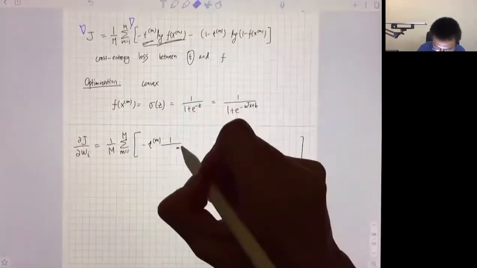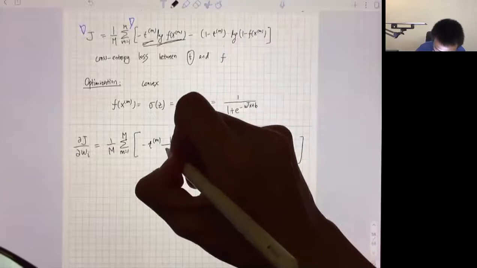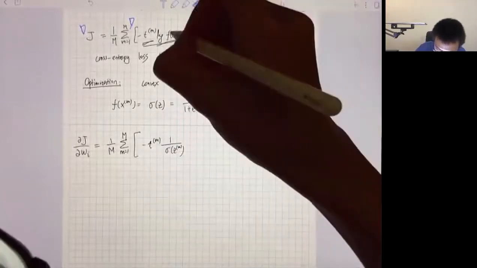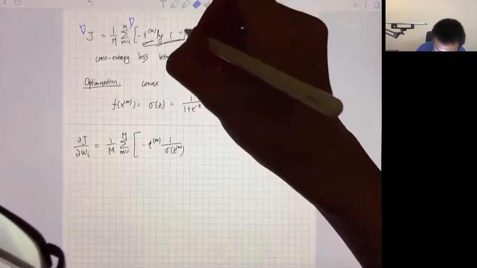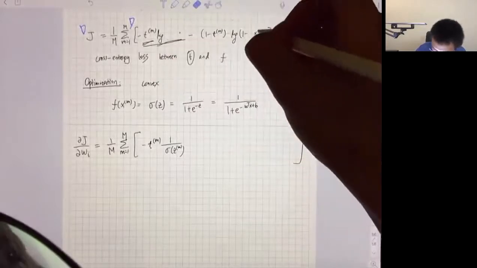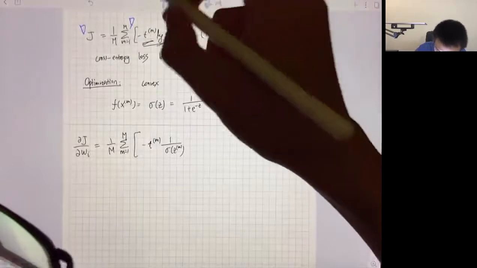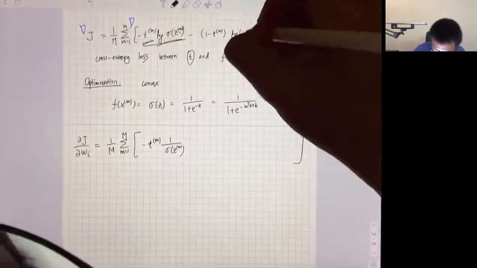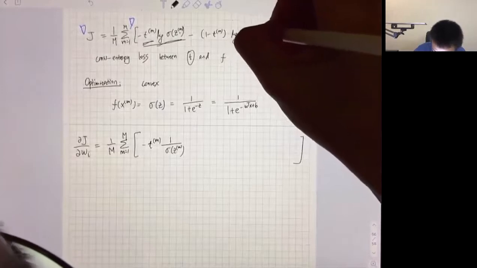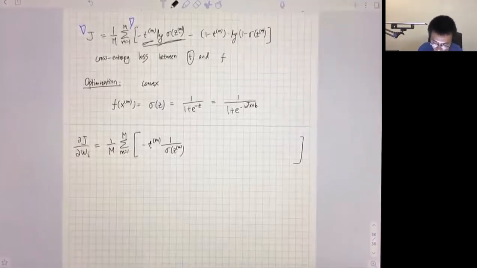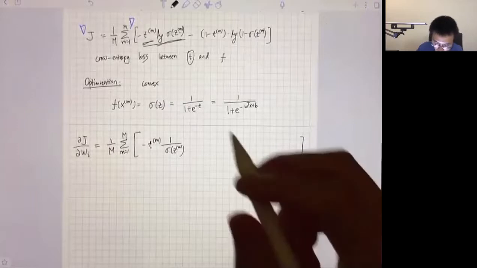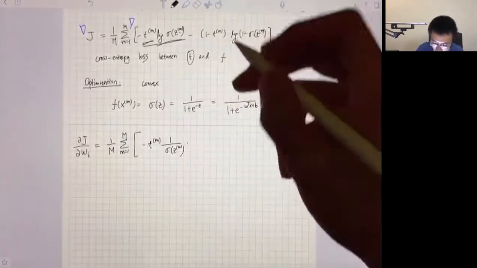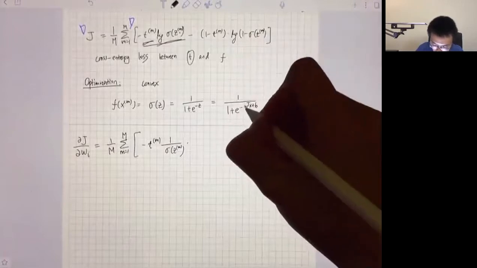Or I can call it sigma z, for the m-th sample. Then I would like to compute the partial derivative of sigma z with respect to w_i.